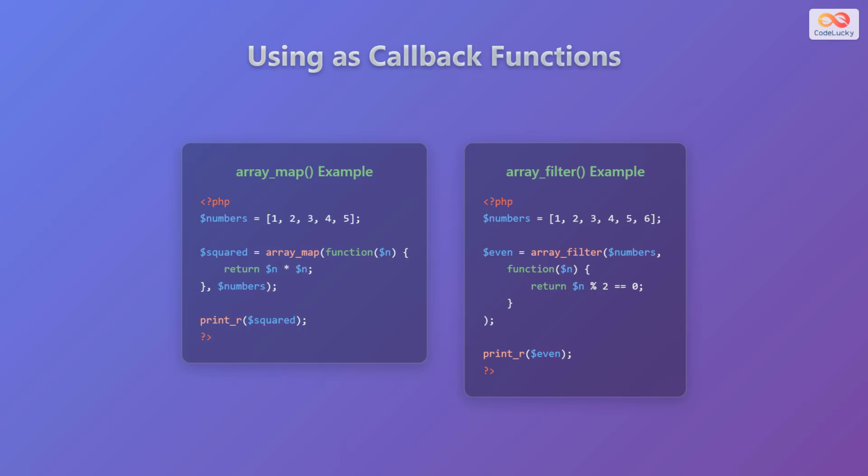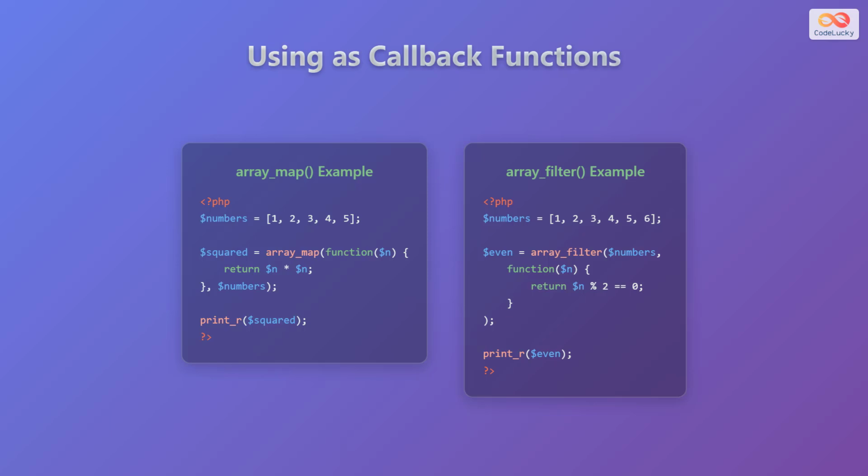Anonymous functions are frequently used as callback functions. Here are a couple of common examples. First is the array_map function. Array_map applies a callback function to the elements of given arrays. Here we have an array $numbers that contains the numbers 1, 2, 3, 4, and 5. We assign the variable $squared to the result of the array_map function.